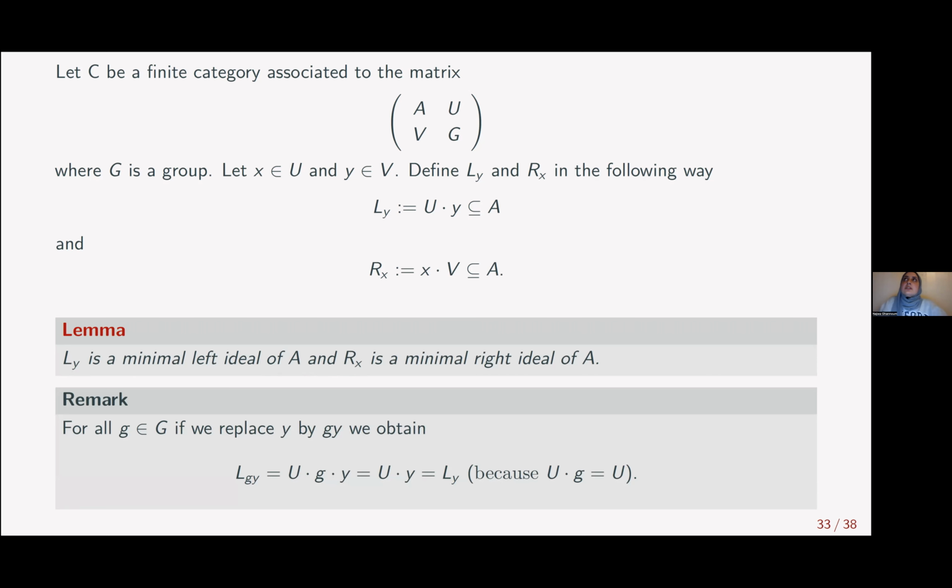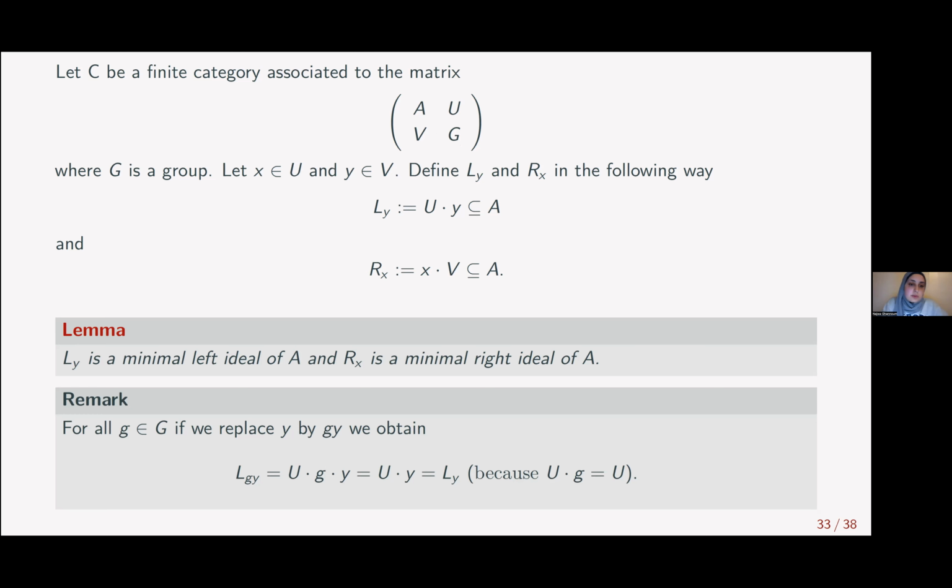And why do we want that? Because when we start with the monoid, the sets of morphisms in the category that we obtain are the minimal left ideals of A and the minimal right ideals of A. But here, we don't know anything about U and V, so we want to know how we get to a category where we have minimal left and right ideals of A on these off-diagonals. And as a remark, if I replace Y by GY, it's going to be the same.